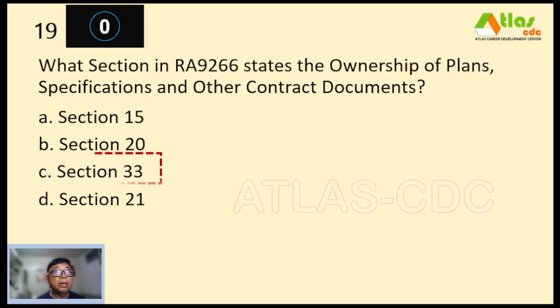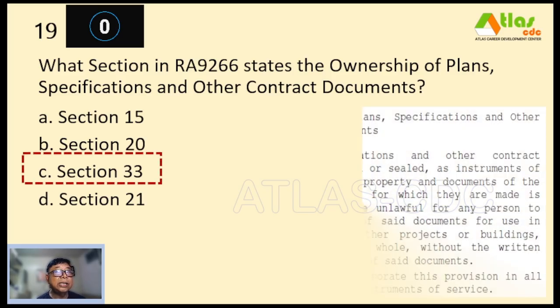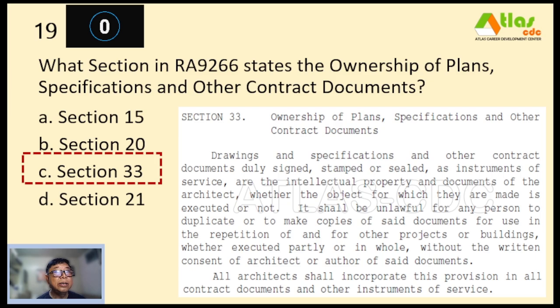And our correct answer is letter C, Section 33. This is the one that is included in the title block of the architectural drawings, Section 33, the ownership of plans, specs, and other contract documents.